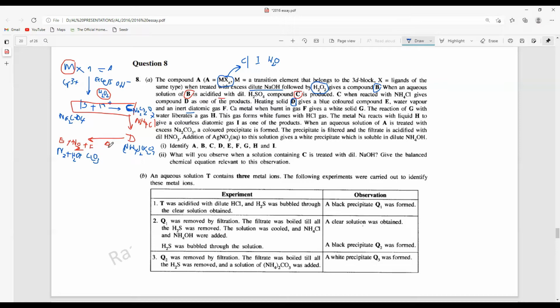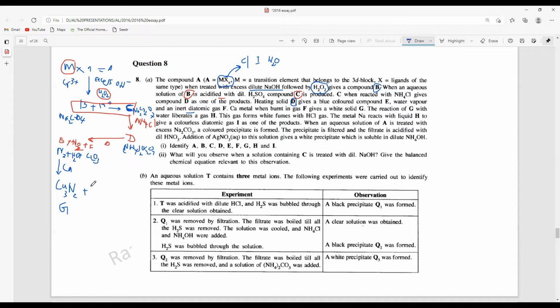Okay, and we will go further towards the description, and they say calcium metal when burnt with a gas F, so F is now nitrogen, and you add calcium, so you will form Ca3N2. Okay, and this solid precipitate is called G. And reaction of G with water, so you know there is N3 minus.